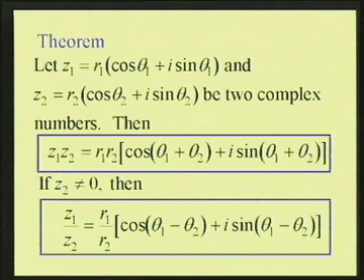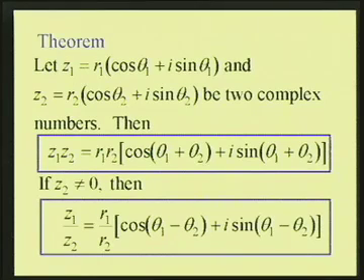Then we can find the product of z1 and z2 by multiplying the modulus and then adding the arguments of the trig expressions. So that would give me z1 times z2 equals r1 times r2 times the cosine of theta 1 plus theta 2 plus I times the sine of theta 1 plus theta 2.